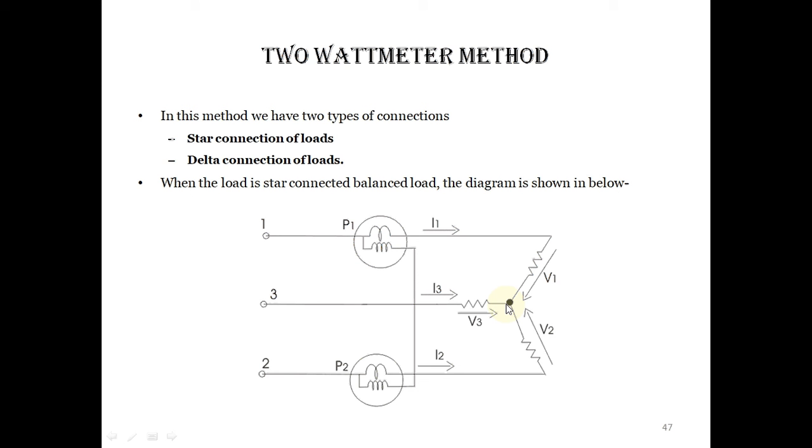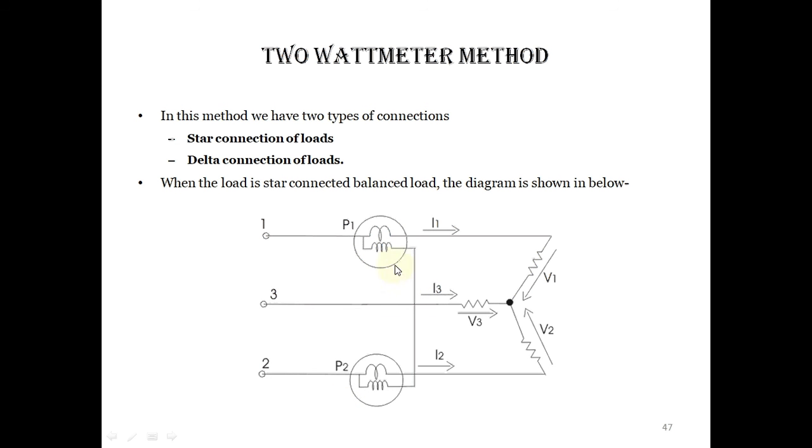We are assuming, it may be balanced or unbalanced, no problem, but for the sake of analysis we have assumed the load is balanced. So this is your phase 1, phase 2 and phase 3, and the common is on phase 3. So this is the connection pattern: a current coil here, a current coil over here, and the pressure coil is connected across this common to each of the phases.